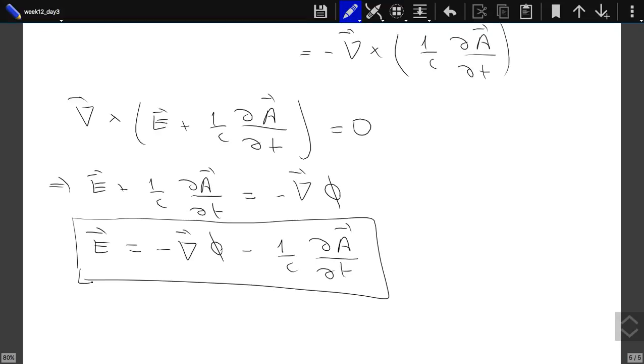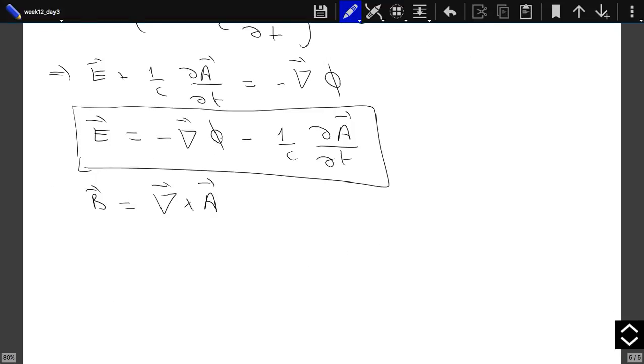Well, due to that dA by dt term, we cannot really identify this potential with the energy, but nevertheless we can define it, and it does go to our electrostatic potential energy when the system is static. That time derivative will be 0. And B is still the curl of A. But now, there is one more issue.